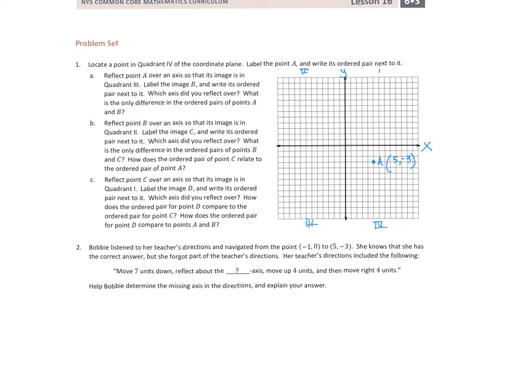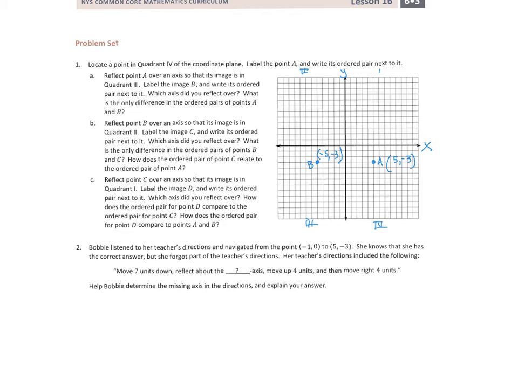So I'm going to reflect 1, 2, 3, 4, 5 right here. Label the image B, and I'm going to write the ordered pair -5, and then also -3, because remember, quadrant 3 is negative.